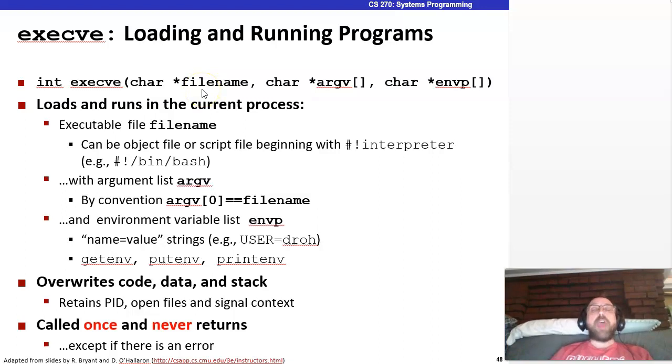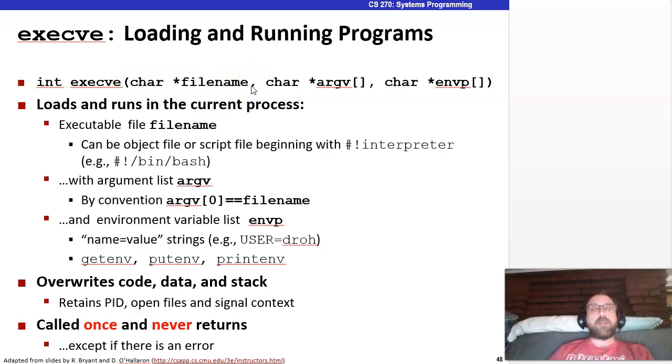Now, it does have to be an executable file, not necessarily the kind that you get out of GCC, the ELF executables, but it has to be marked as executable in its permissions. So you can chmod plus x, then the file name, to make it executable from the command line. But it takes the name of a file, which had better be executable.